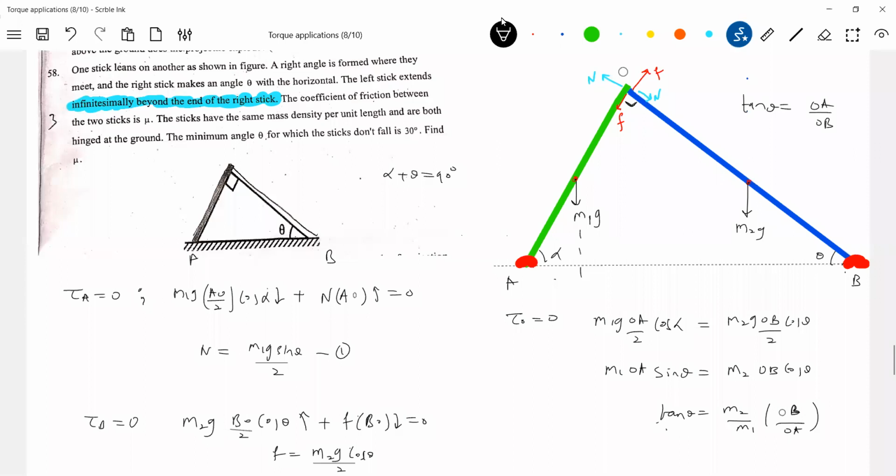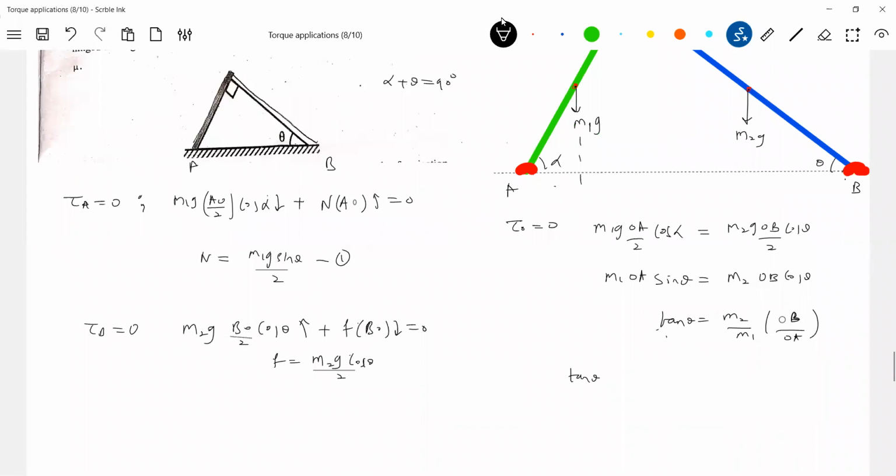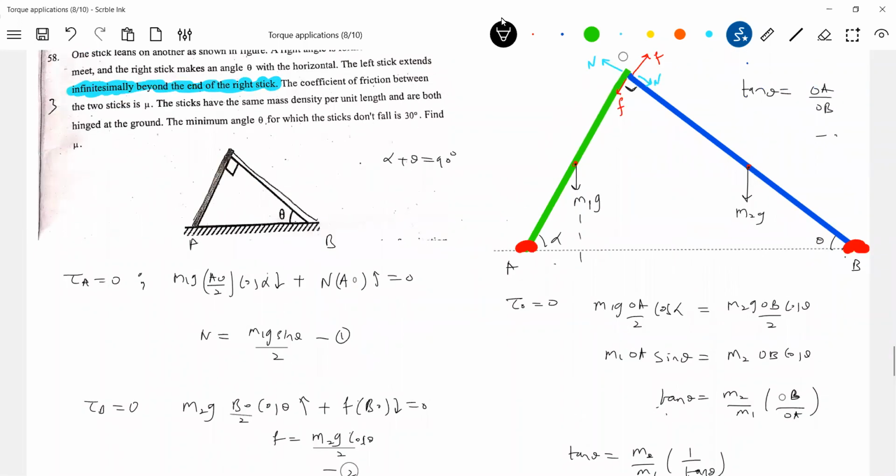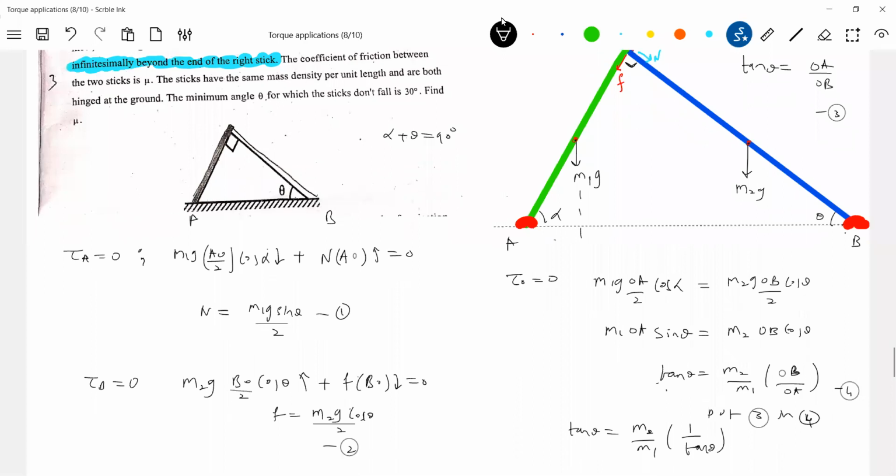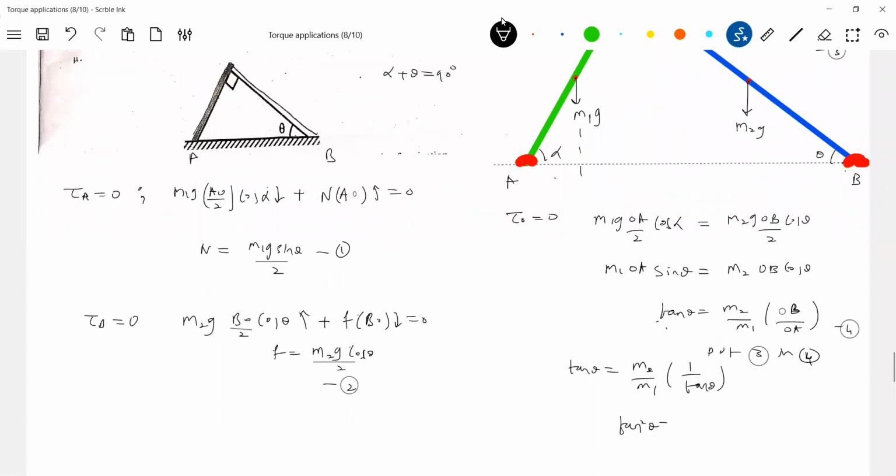So OA by OB, so substituting this, tan theta equal to M2 by M1 by 1 by tan theta. I'll give equation number 3, this is 4, put 3 in 4. So therefore finally tan square theta equal to M2 by M1.